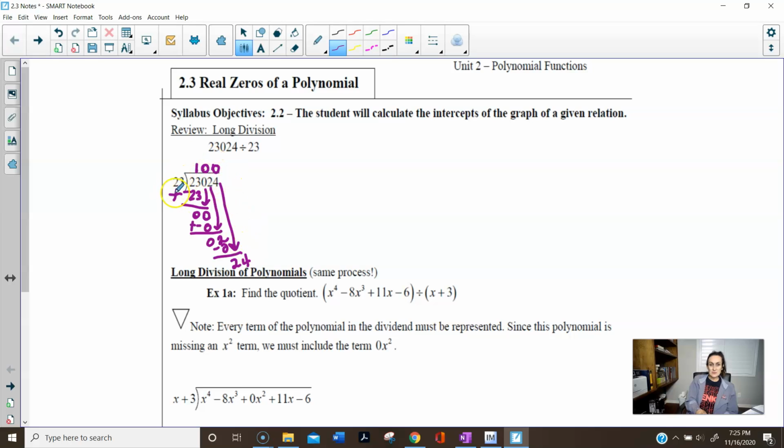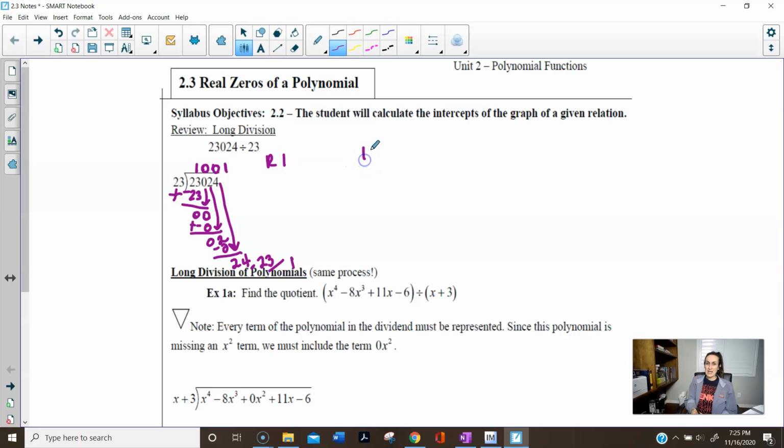What times 23 is 24? It's 1. You take the 1, you multiply it to the 23. You get 23. I'm out of room. You add the opposite or subtract, and you get a remainder of 1.